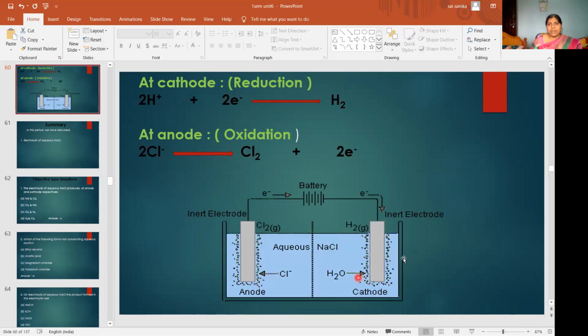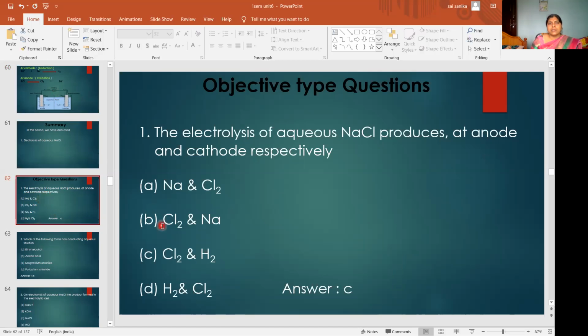At the cathode, hydrogen gas. So what are the options? At the anode chlorine gas, at the cathode hydrogen gas. So the answer is C. The electrolysis of aqueous NaCl produces chlorine gas at the anode and hydrogen gas at the cathode respectively.